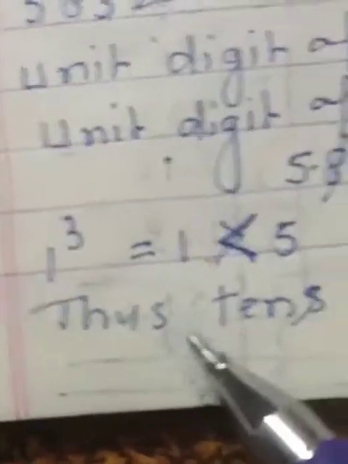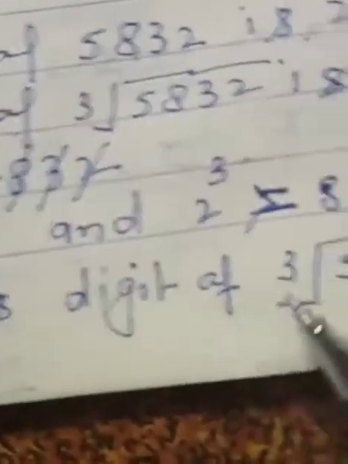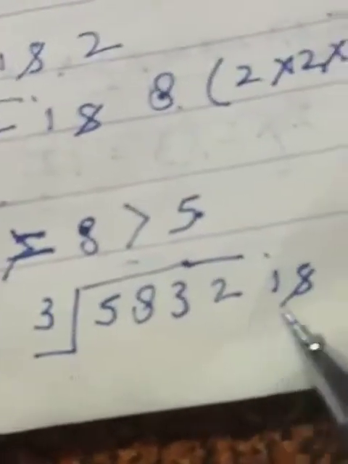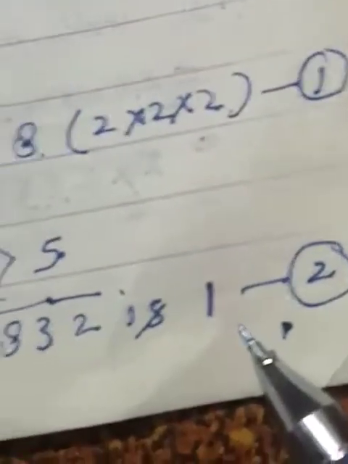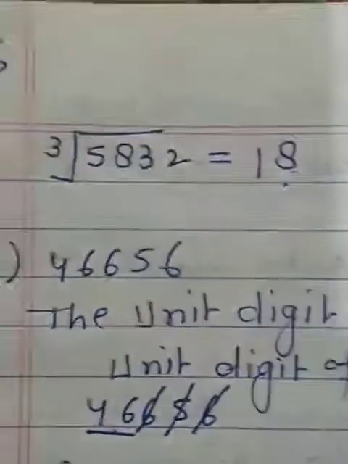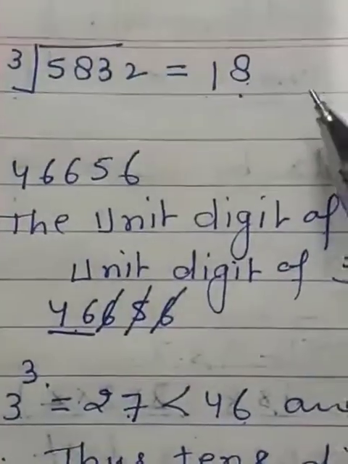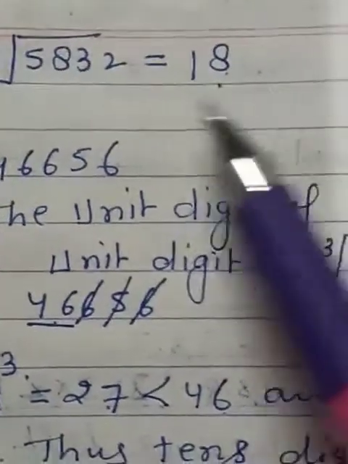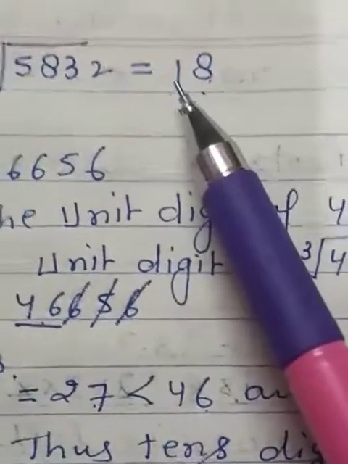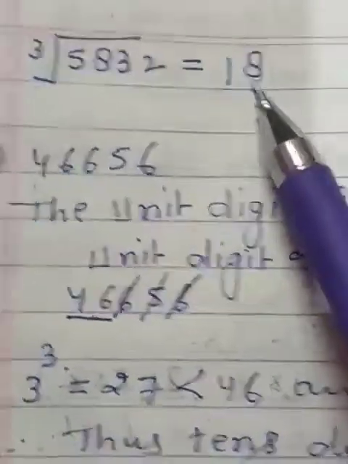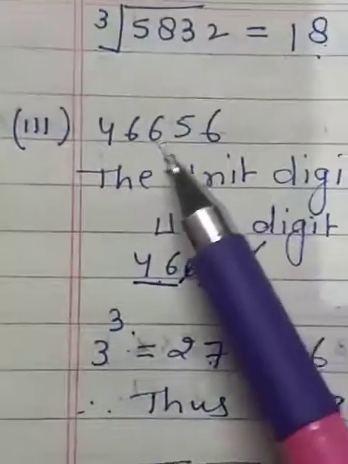So therefore the tens digit of the cube root of 5832 is 1, because we are comparing between 1 and 2. The cube root of 5832 is equal to tens digit 1 and unit digit 8. This is the answer.